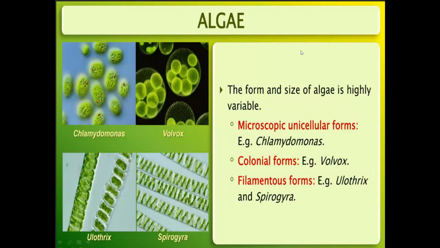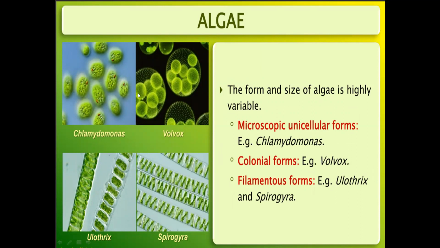Next we have algae. The form and size of algae is highly variable. Microscopic unicellular algae like Chlamydomonas. They are all unicellular and microscopic. Colonial form, for example, Volvox.